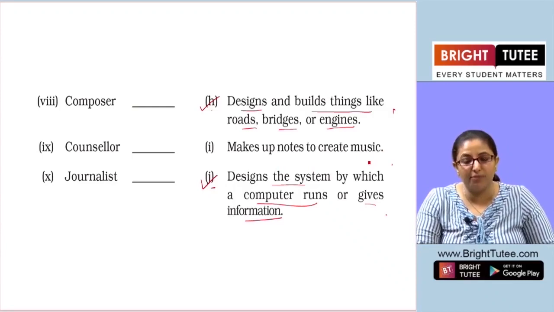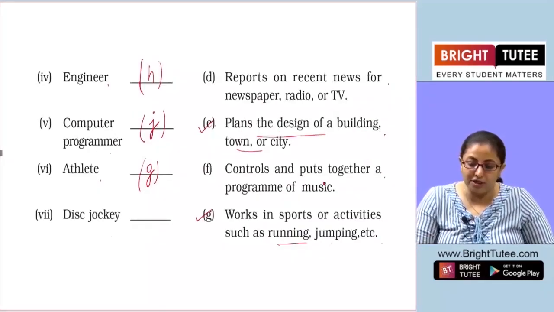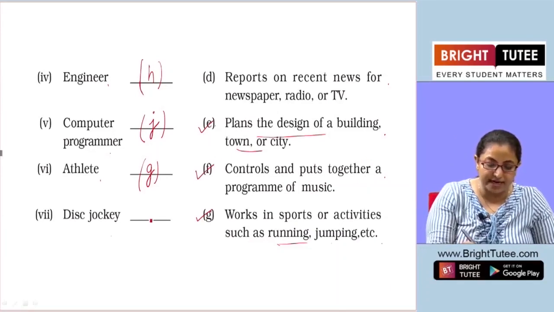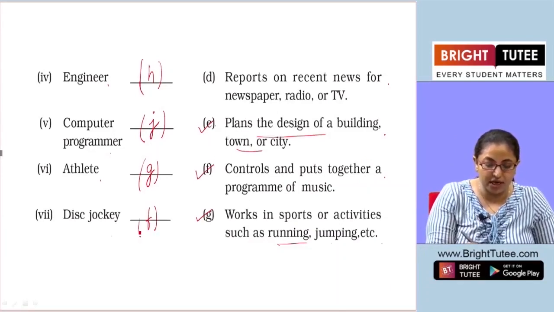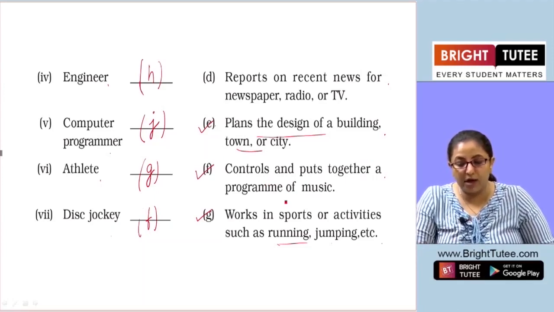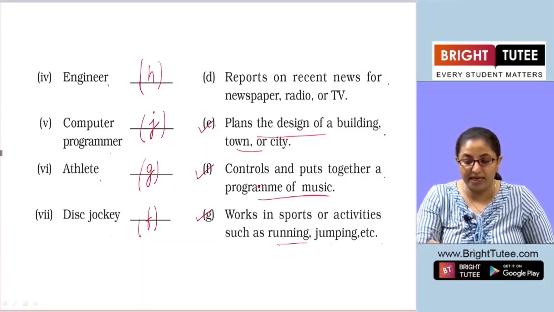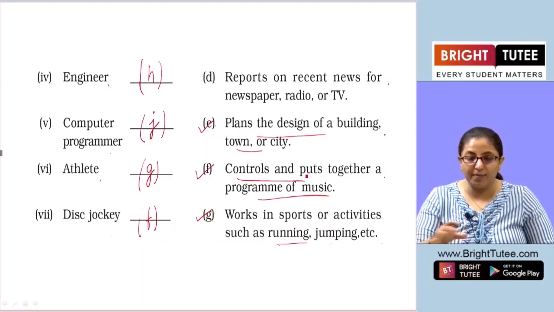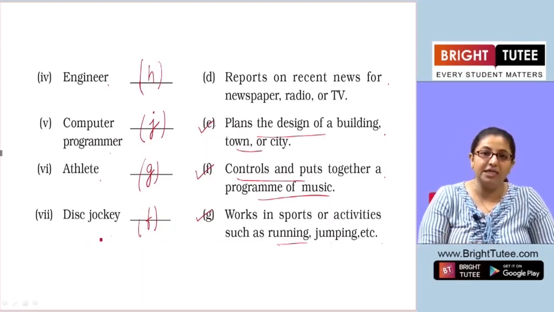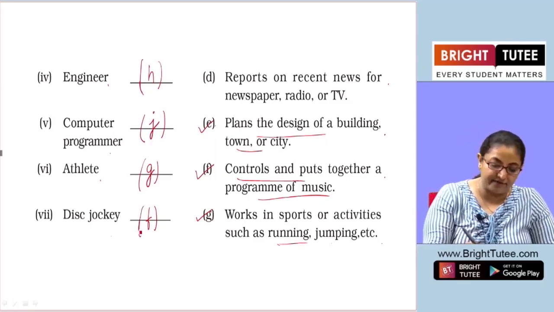Makes up notes to create music, or controls and puts together a program of music? I think F would be the right answer for a disc jockey. A disc jockey controls and puts together a program of music. Whatever programs are there, he puts them together. So that would be a disc jockey. The answer would be F.